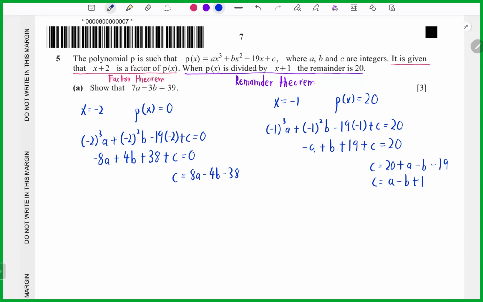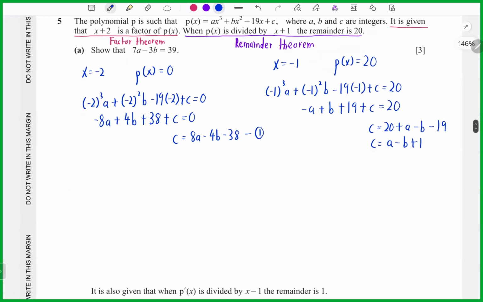So this is your first equation, and this is the second equation. You can set the first equation equal to the second: 8a minus 4b minus 38 equals a minus b plus 1. So 8a minus a minus 4b plus b equals 38 plus 1.